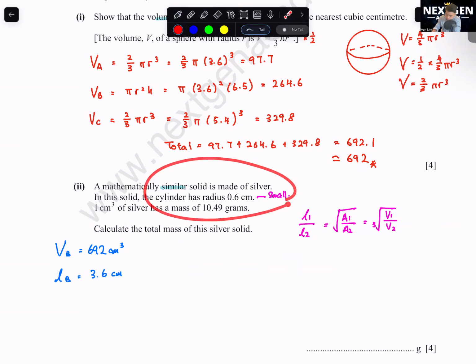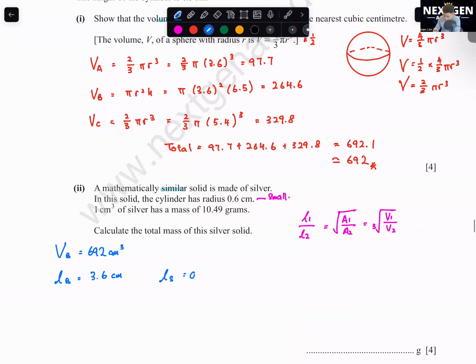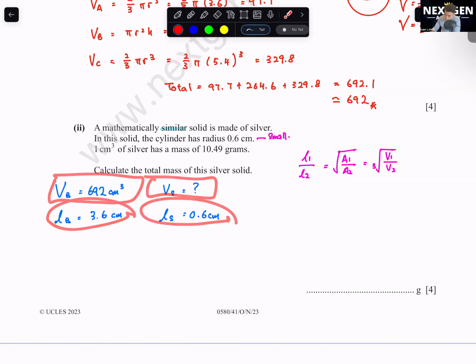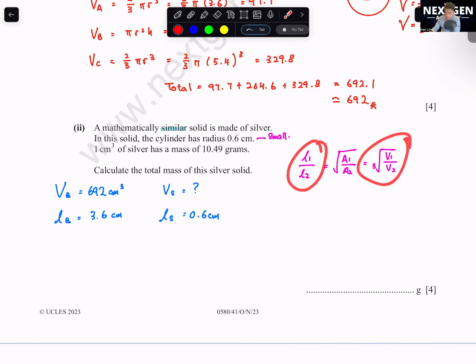What did they give us over here? They say the radius, which is the length of the small one, so I put it as LS, length small, equals 0.6 cm. We want to find the volume of the small item. What we are comparing is length as compared to volume, so we need to use this formula: length 1 over length 2 equals cube root of volume 1 over volume 2.